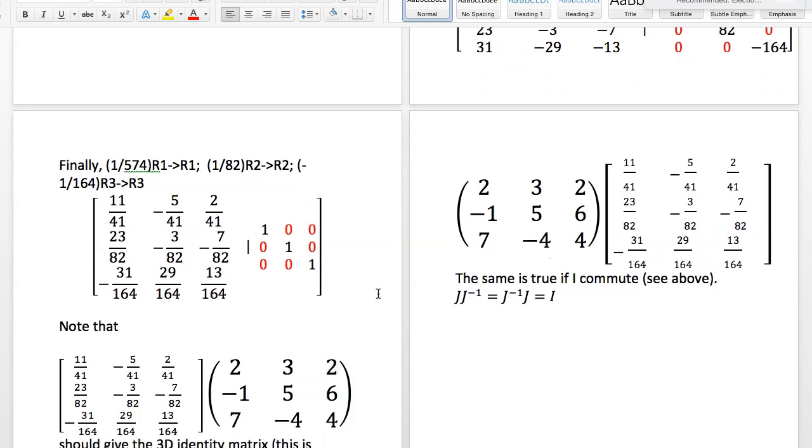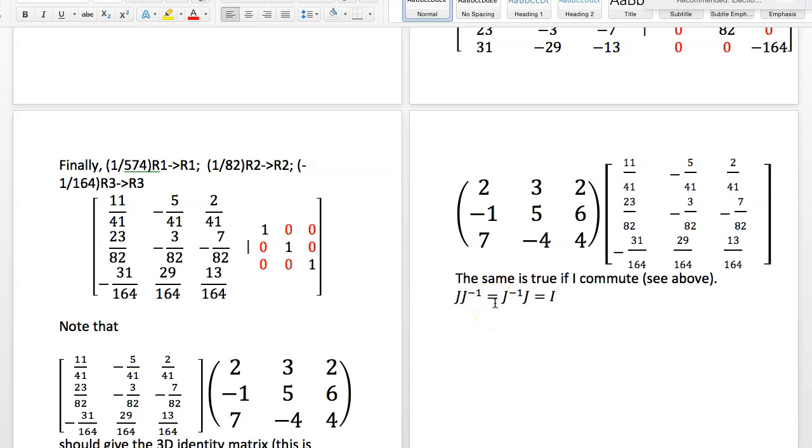That's the identity. So in other words, let J equal the original guy, the 2, 3, 2 and so on, this 3 by 3 matrix right here. If J is this guy, then J inverse would be this guy. But J times J inverse commutes.